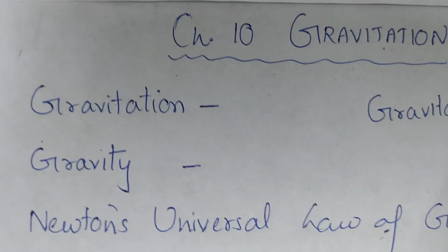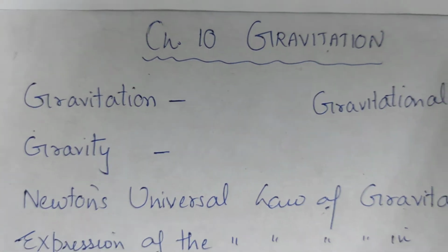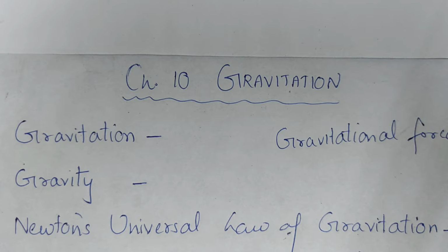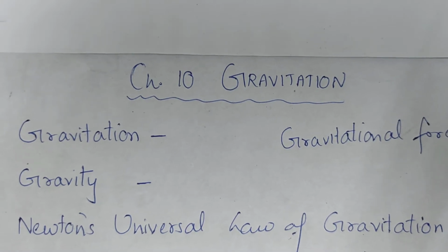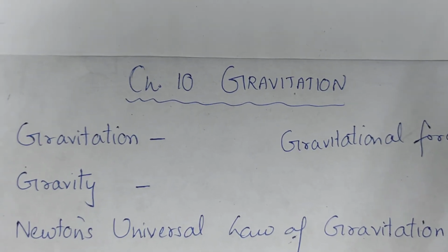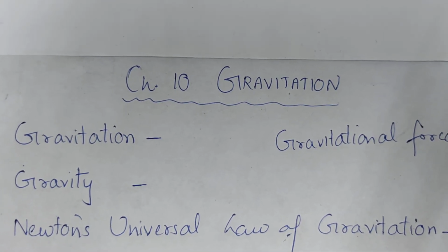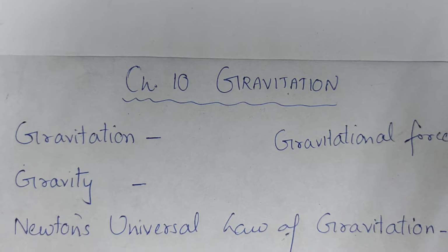Now, next, you should know the statement of Newton's universal law of gravitation. Every body in the universe attracts every other body with the force which is directly proportional to the product of their masses and inversely proportional to the square of the distance between them.